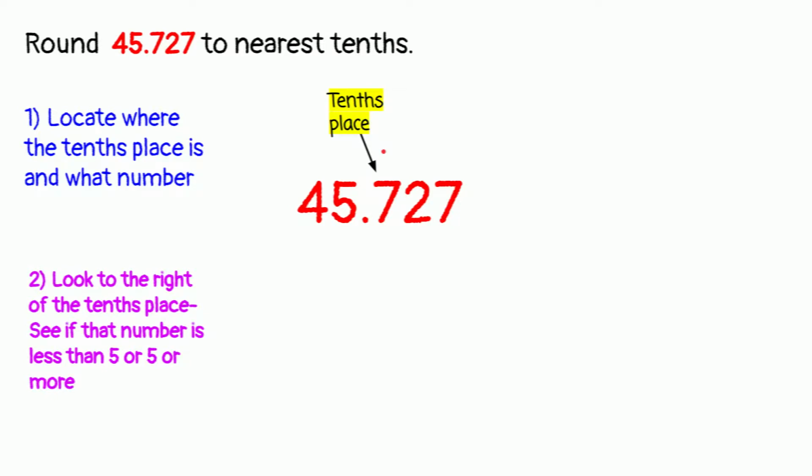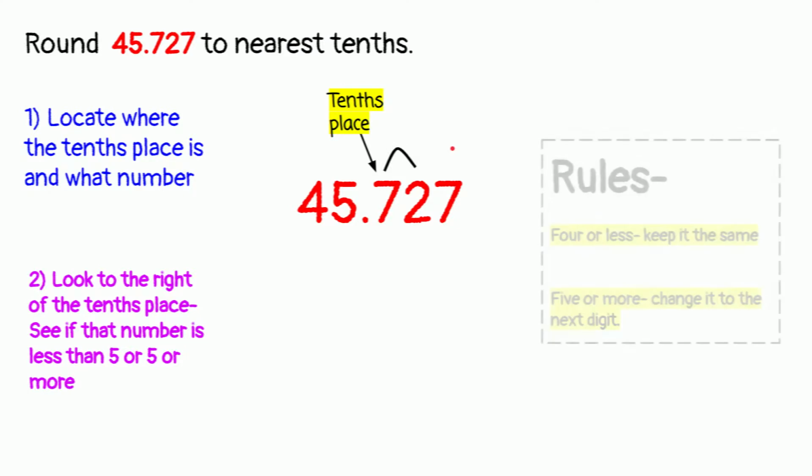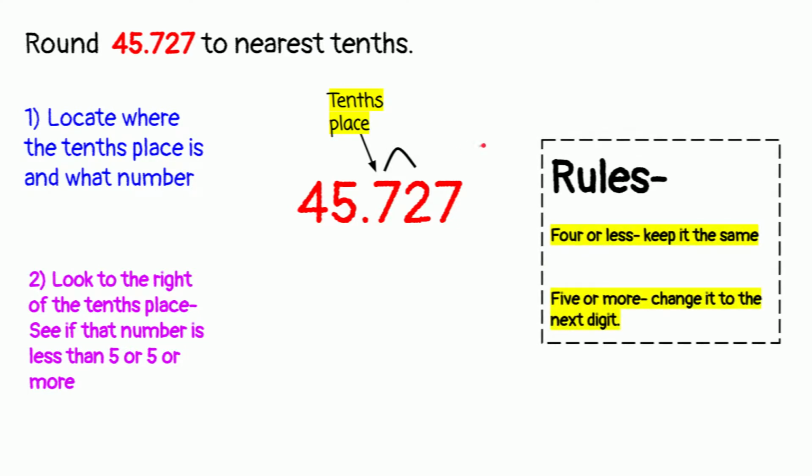Step number 2 is to look to the right of the tens place to see if the number is less than 5 or 5 or more. So let's look to the right and let's pop out our rules. So 4 or less, keep it the same. 5 or more, change it to the next digit. So ours is 4 or less.